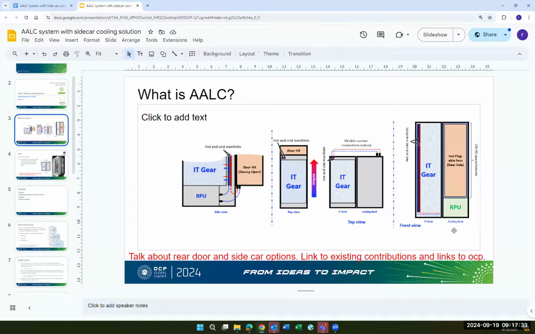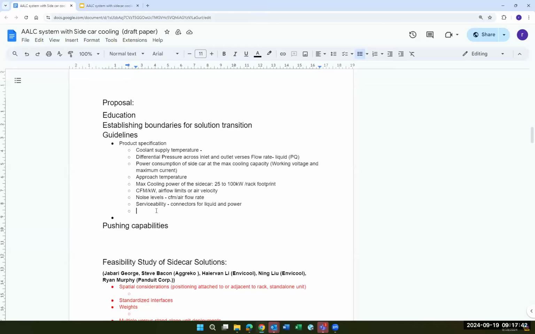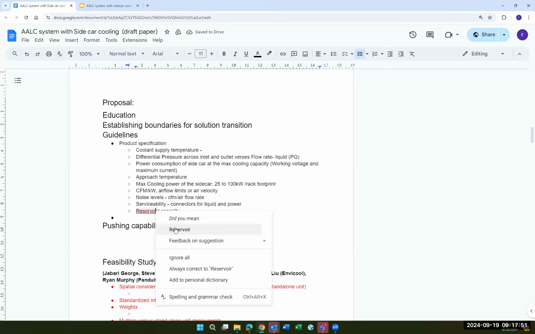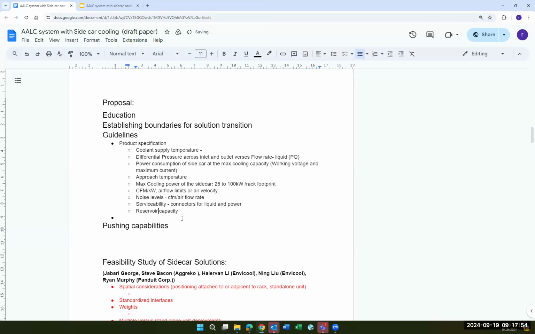So do we discuss this in this paper, the size of the RPU? We can also talk about limiting the reservoir capacity. Reservoir capacity is one of the terms that I think the manufacturer should provide. Based on that, reservoir capacity and total fill capacity is another term that can be used.